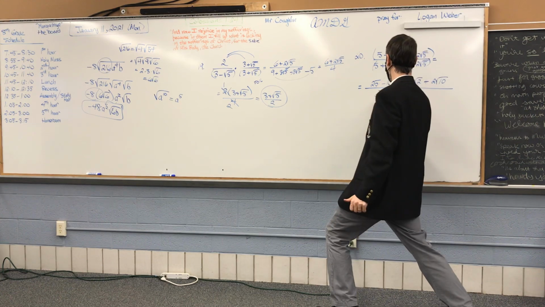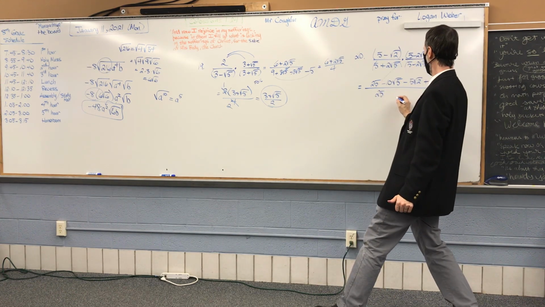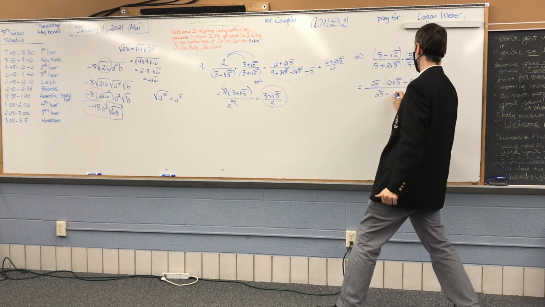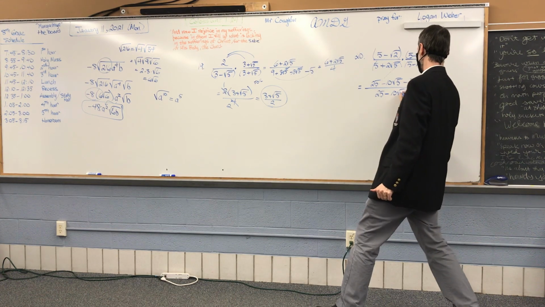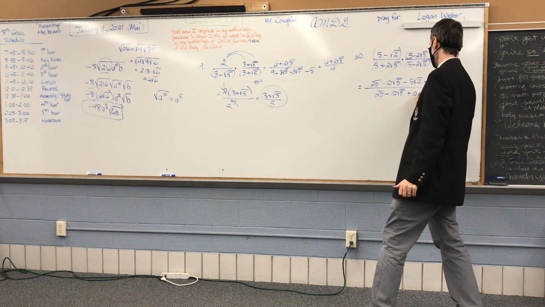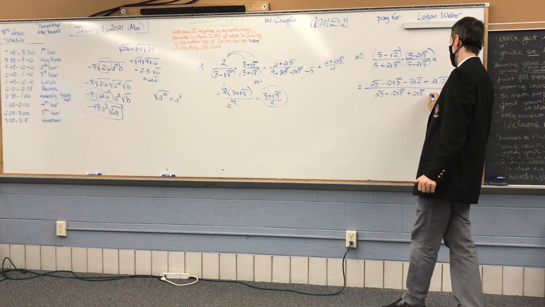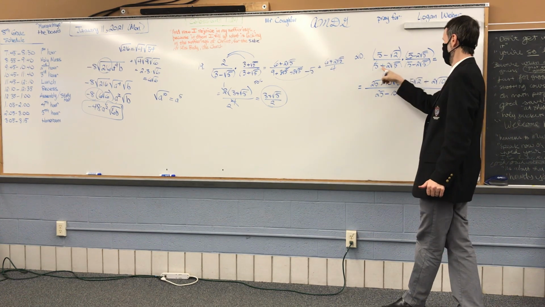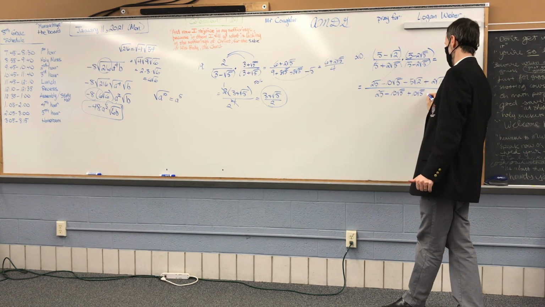25, minus 10 radical 5, good, plus 10 radical 5, and minus 4 radical 25.